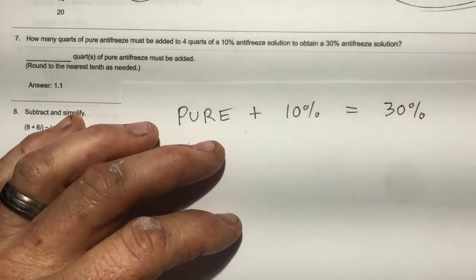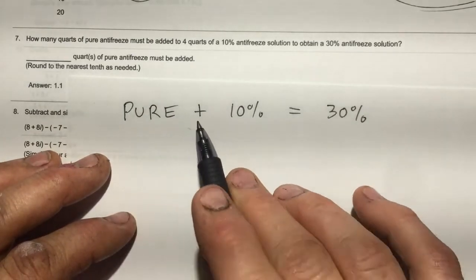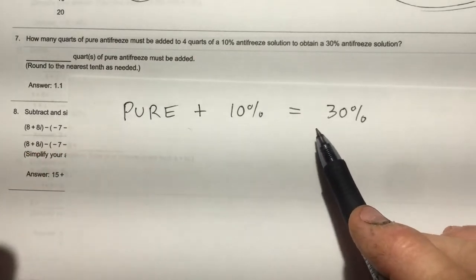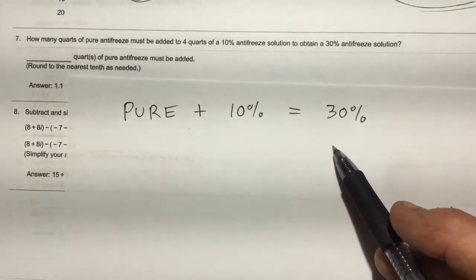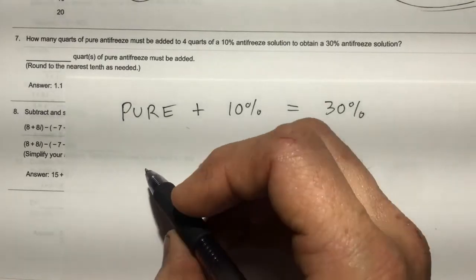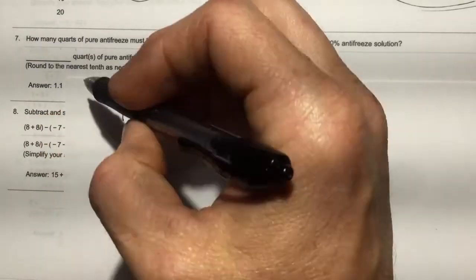Okay, this is what you're doing. Got your pure antifreeze plus your 10% antifreeze, and you're going to add it together to get a 30% antifreeze. Okay, now it says how many quarts of this pure antifreeze?